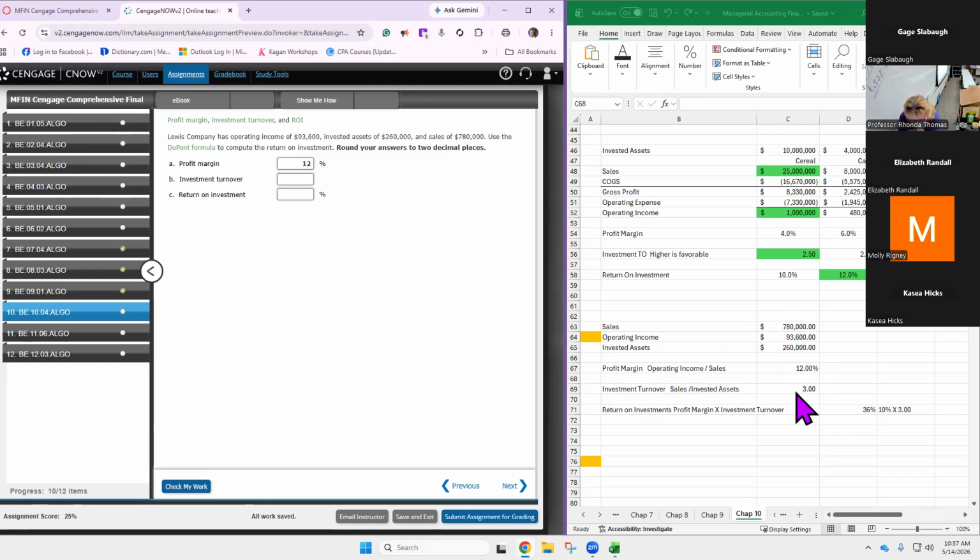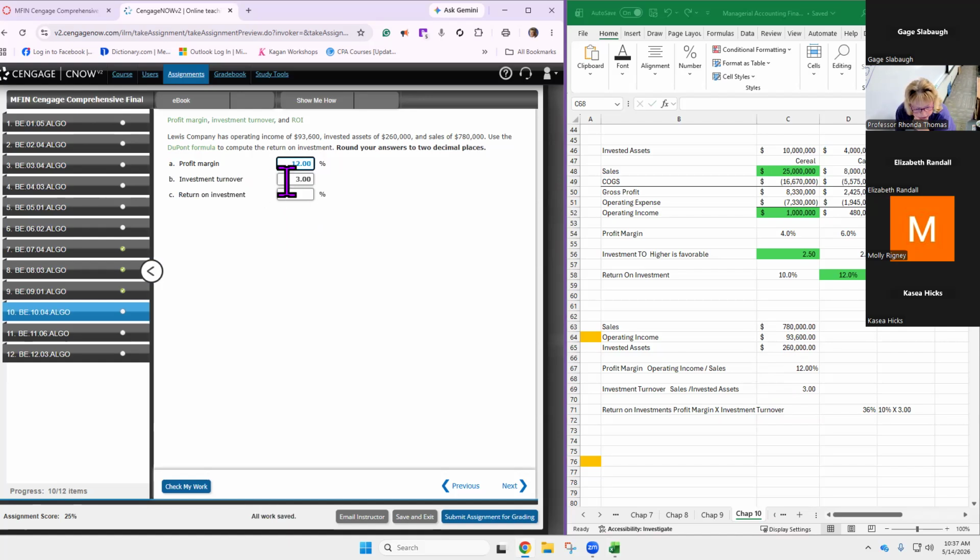The higher this goes, the better. That's the point of investing assets, is to eventually grow the business, and the sales are 3 times the size of invested assets. So it's just a number, but we need to put it in as 2 decimal places, as well as I need to put this one in as 2 decimal places. Okay. Now you can do the math.